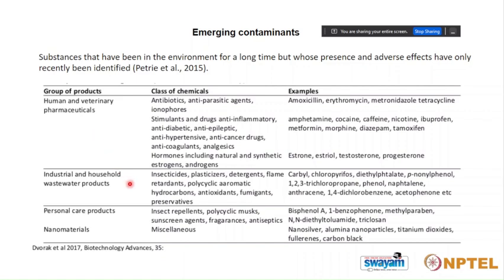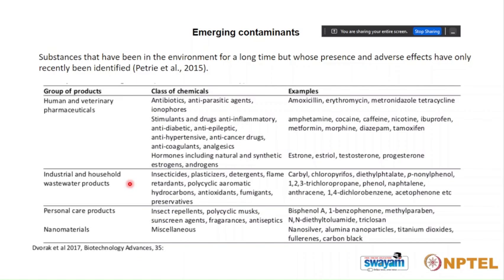And along with that, different industrial and household wastewater products also serve as a source of emerging contaminants, which include different insecticides, plasticizers, detergents, flame retardants.